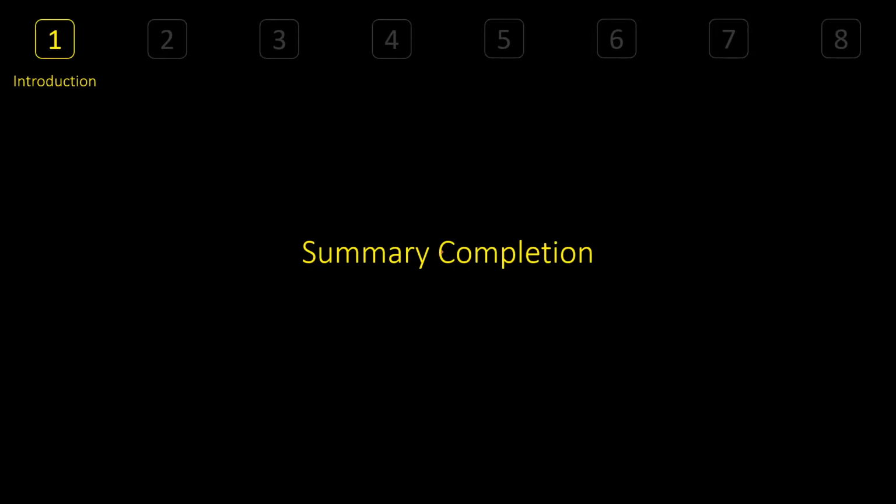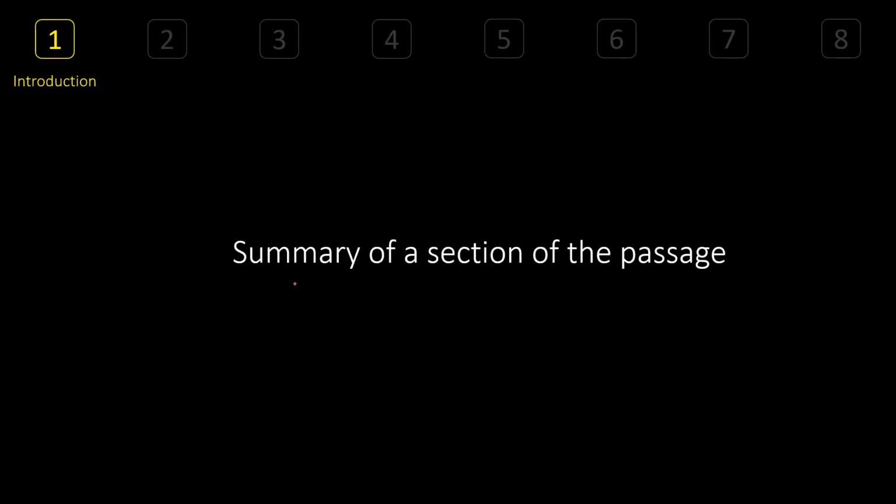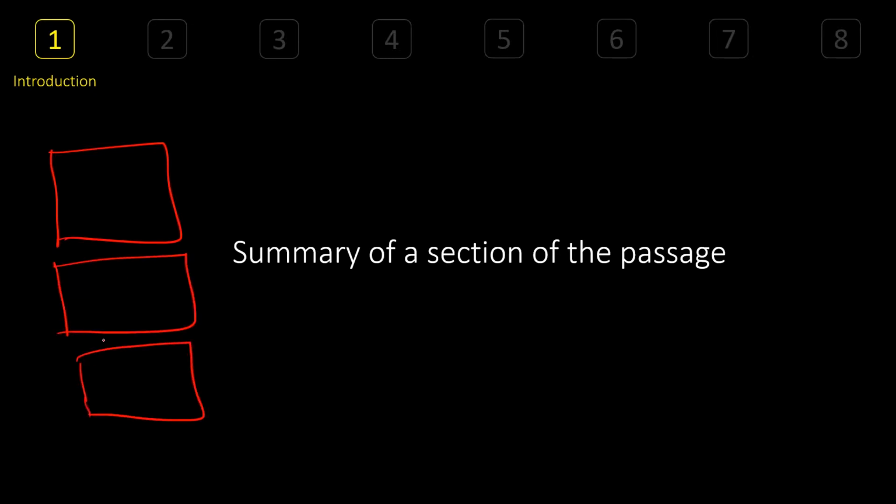Summary completion is nothing but a summary of a section of a passage. We have a huge passage. Passage and paragraphs are two different things: a passage is many paragraphs combined. One section could be one paragraph or two paragraphs.